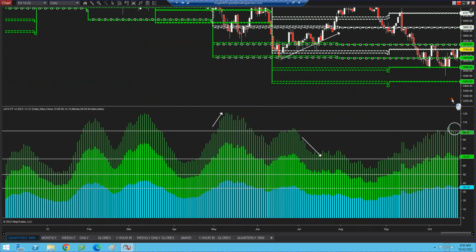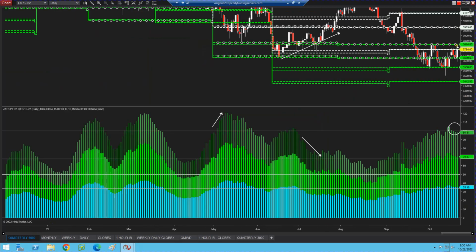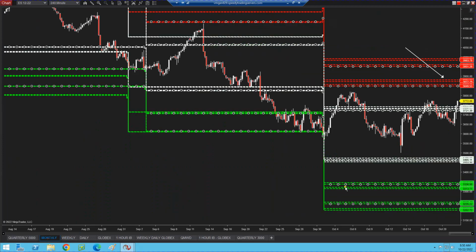38.14 is the quarterly 2, and monthly 2 is just above it at 38.49. So I would say that would be a pretty good first upper target to try to reach, 38.14 to 38.49.